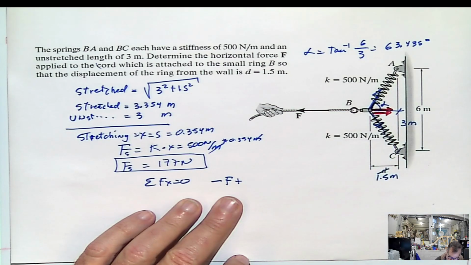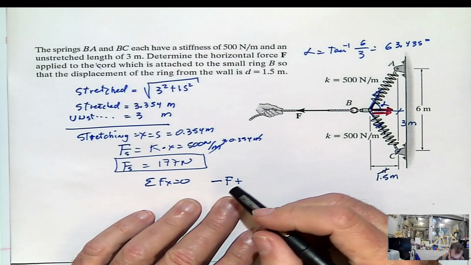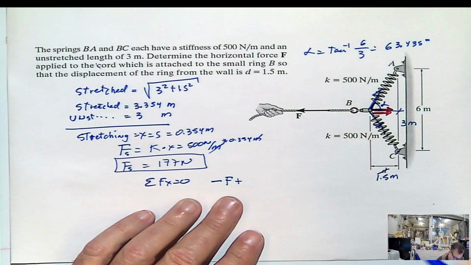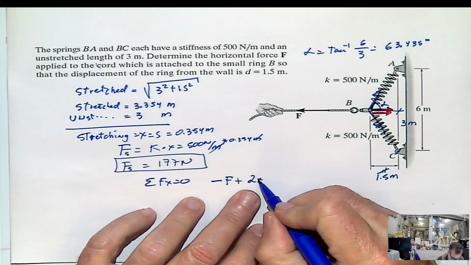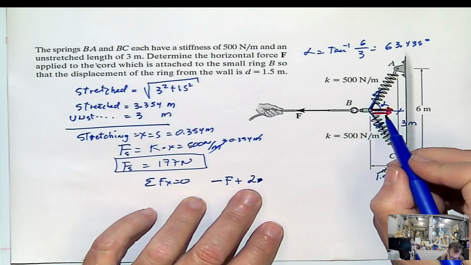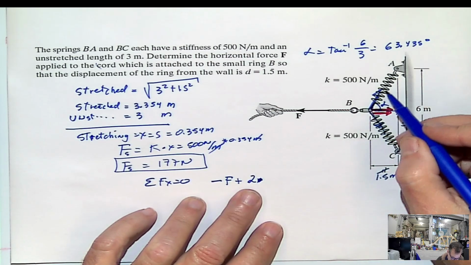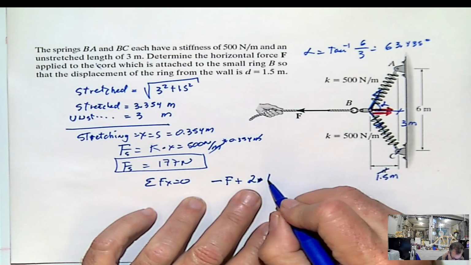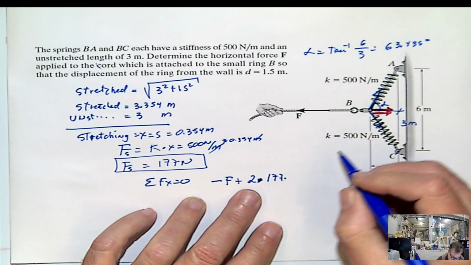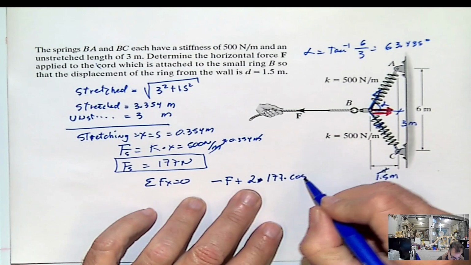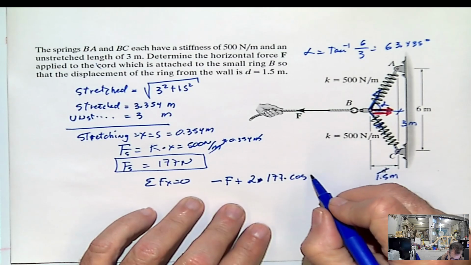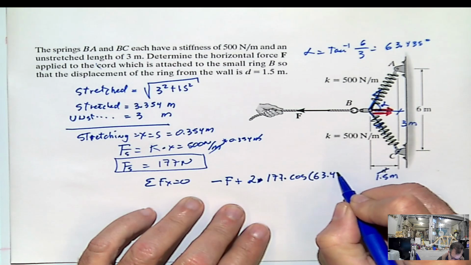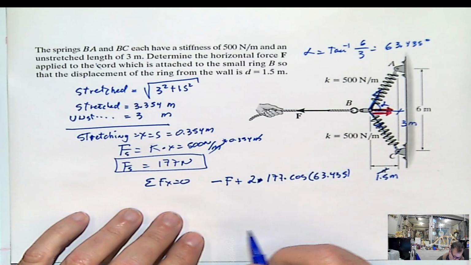That means that the horizontal component of each one of the springs will be the same. So I'm going to put here 2 times. Why 2 times? Because I'm lazy. I don't want to put this plus this, and I know they are the same. This is going to be the force that we just calculated, 177 times cosine of the angle that we just got there, 63.435 degrees, equals 0.